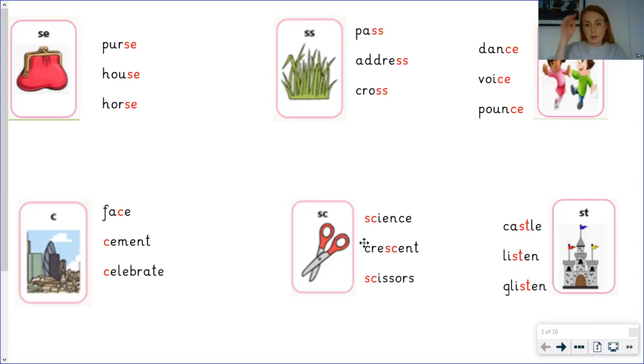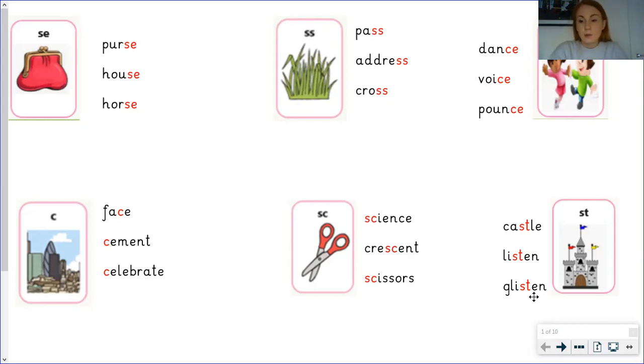Like the moon has a crescent. And then is, oz, scissors. Okay, we've got this, and that makes a sound. We should be familiar with this word. Castle. It's N and it's N. How did you get along with those?